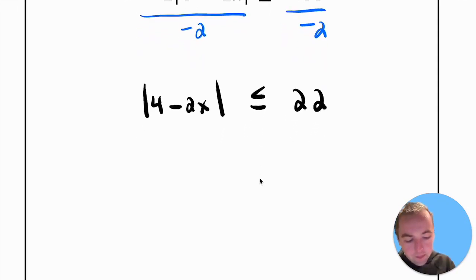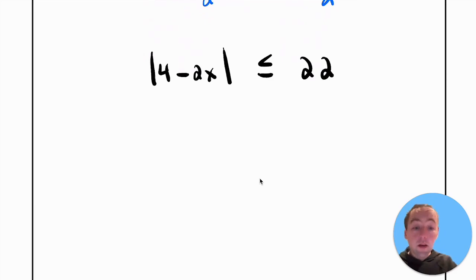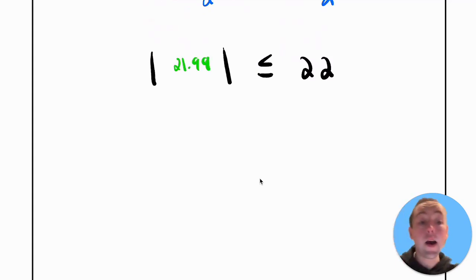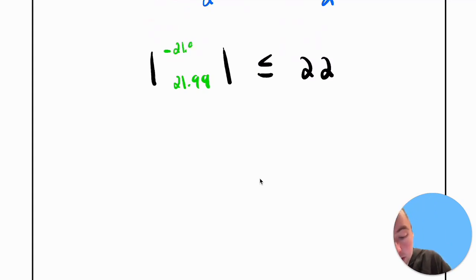So here's the thing: you really need to think about what you're plugging in inside of the absolute value that's going to make this hold and be true. Think about the numbers you could plug in. You could plug in something like 21.99, but you can't plug in something like 22.1 for this to be true. You could go all the way down to 0, but there are also some negatives you could plug in, and the smallest negative number you could plug in is like negative 21.99.